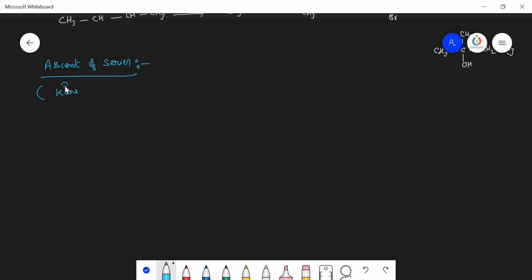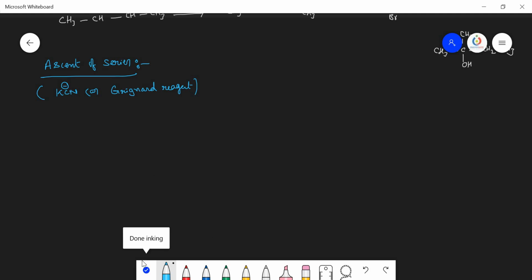Potassium cyanide, so that the carbon with a negative charge will attack the alkyl halides and remove the halide. So whatever alcohol you are getting has to be converted to the alkyl halide. Or you need to use the Grignard reagent or Gilman's reagent. These are all very good organometallic compounds which generate the carbon nucleophile.